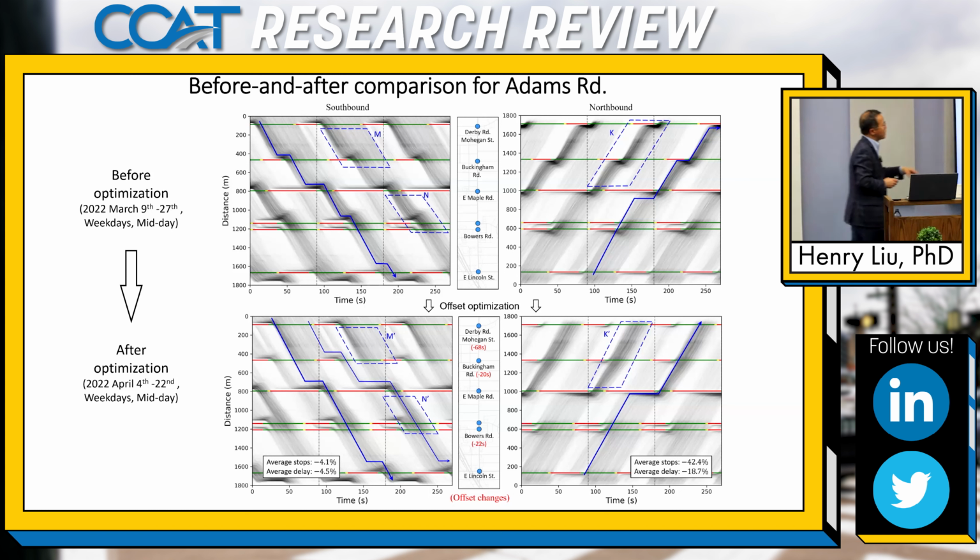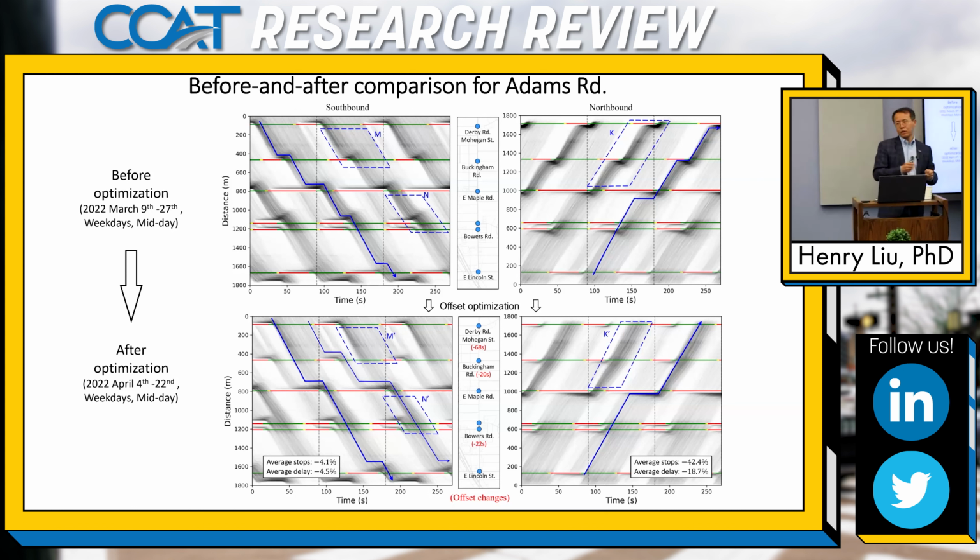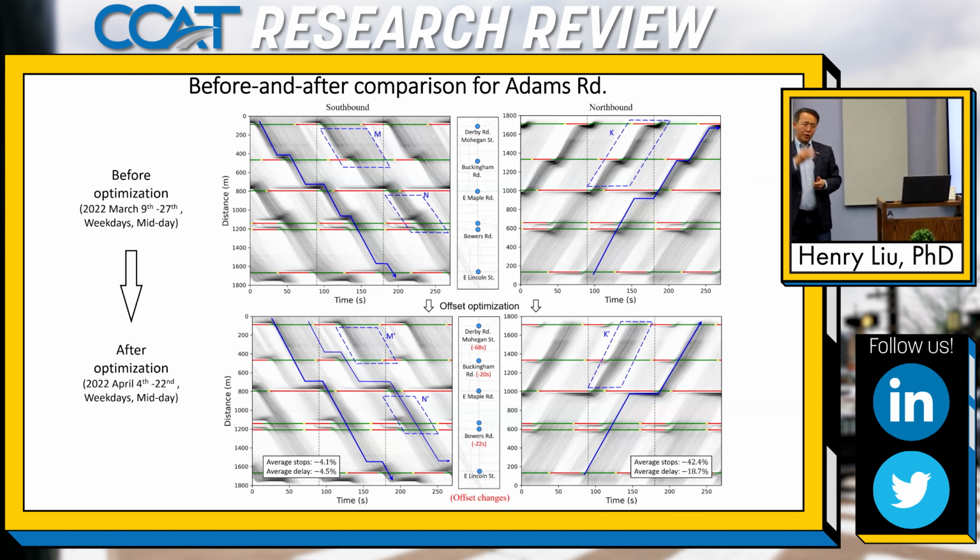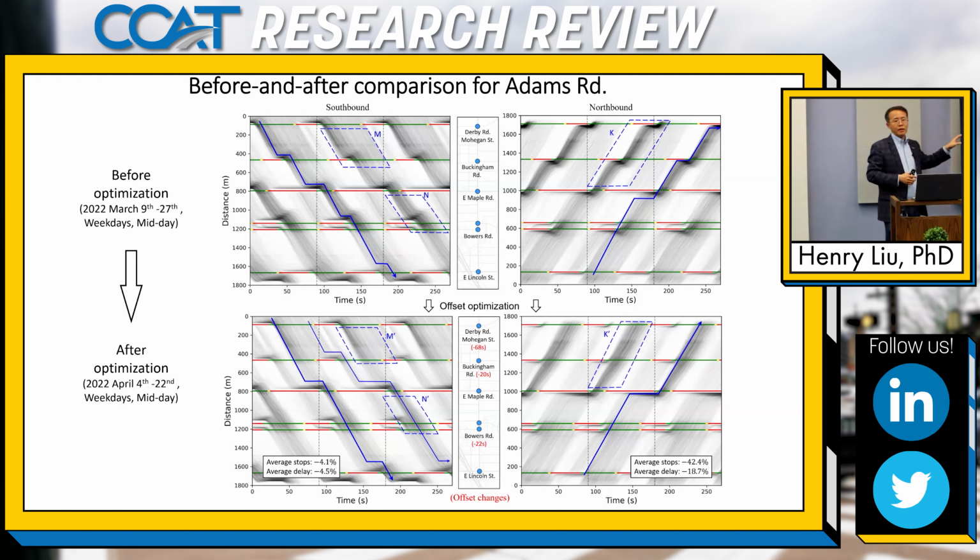Okay, so this gave us the tools to adjust and then optimize these signals. The other good news related to vehicle trajectory data is that because the data is always being accumulated on GM's cloud, it's always available. And so you don't have to do just a one-time optimization as in the traditional signal timing approach.